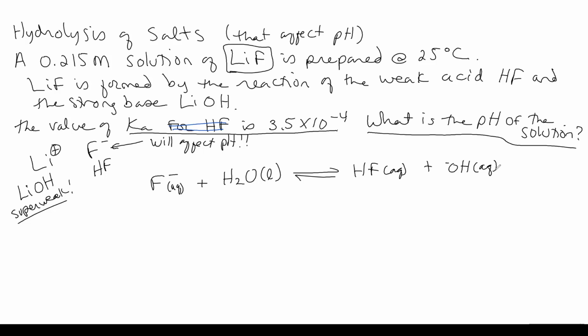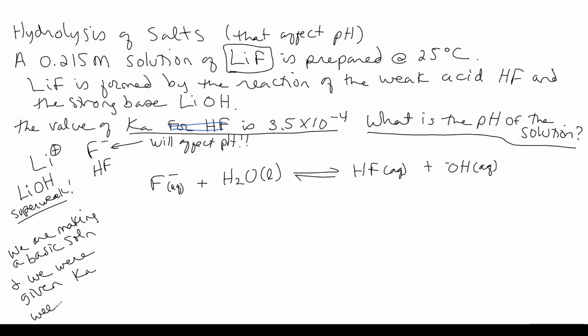One thing we want to think about: we're making a basic solution and we were given a Ka. I'm going to write that down. We are making a basic solution and we were given Ka.